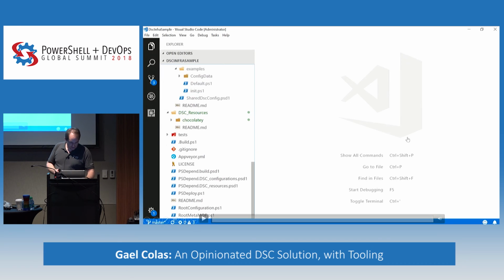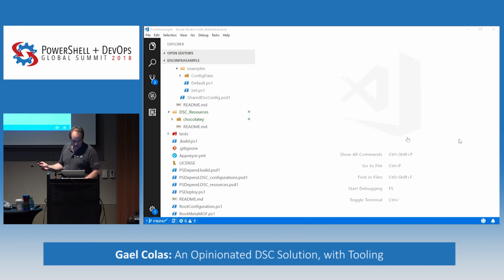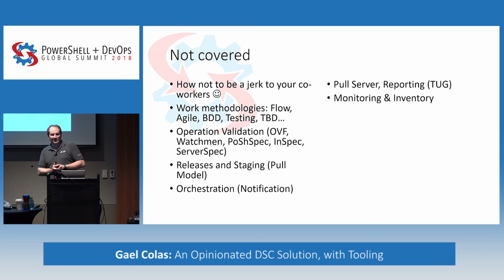I think that's it. So, not covered: not being a jerk to your coworkers. That's the second part of DevOps, according to Jeffrey. There are a lot of work methodologies that go really well with that kind of attitude, because everything is visible up front.